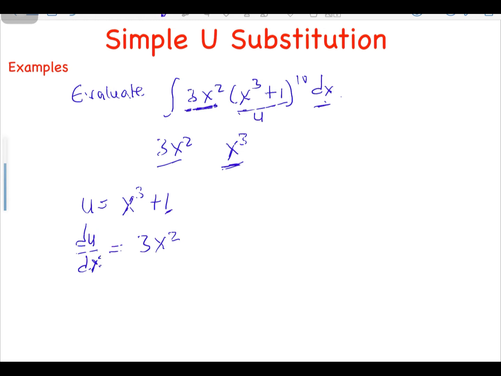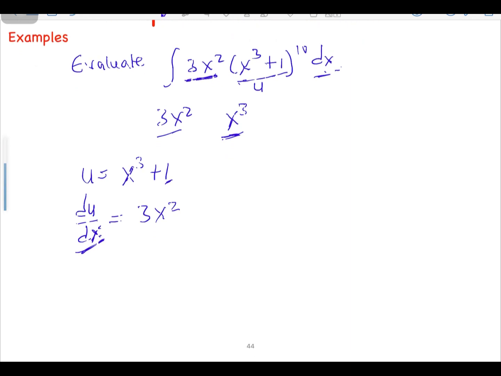Now you can see that you have been able to get the dx term over here, and we all know that this is the term that we want to replace. What you have to do next is to make dx the subject. So you need to multiply both sides by dx. This dx here will cancel dx here, and therefore you are going to get du equal to 3x squared dx.